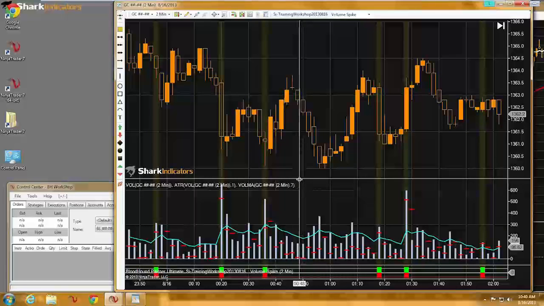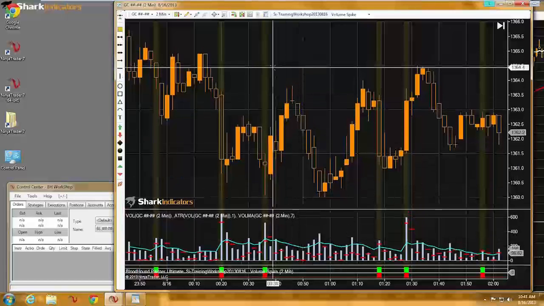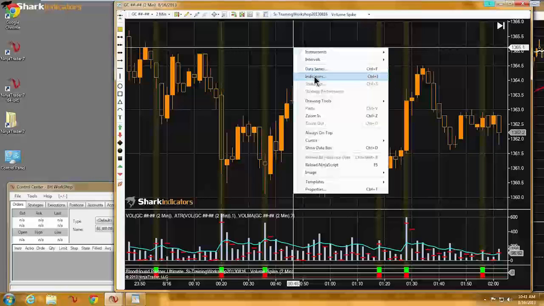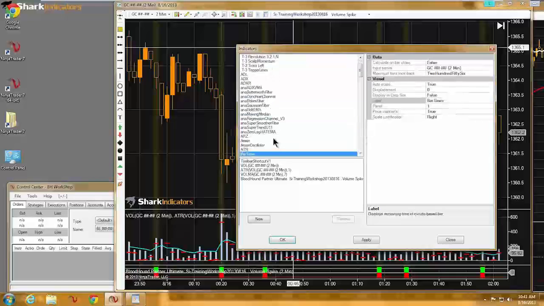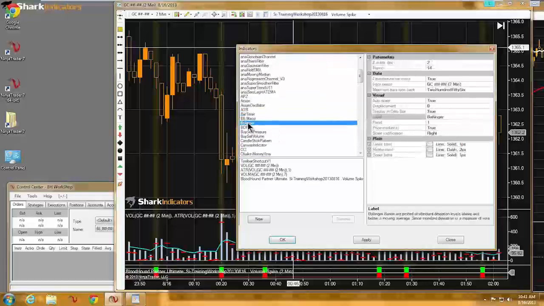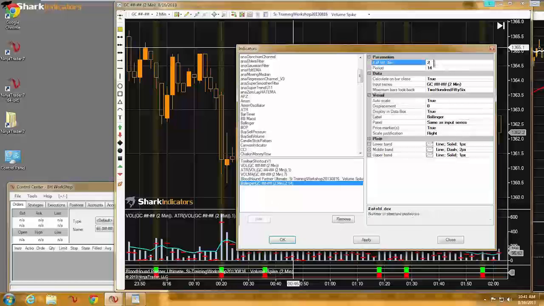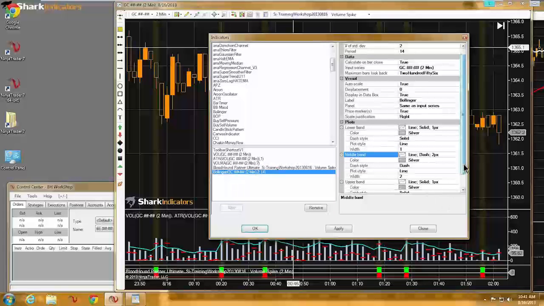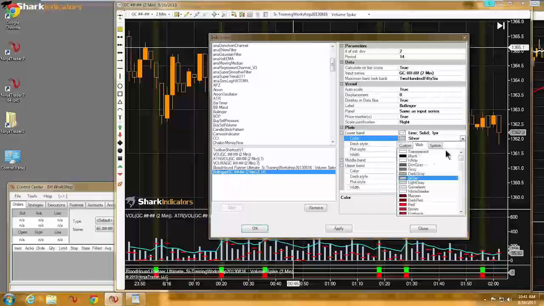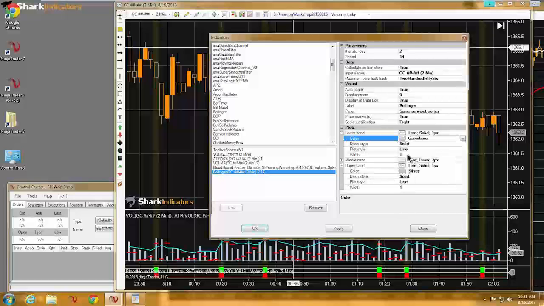So all right, Tom, I'll show you one way you can do this. It's not perfect, and I'll explain why as I start building the system. So let me put the indicator up on here. And I'll just use the default settings. All right, I want to make the bands a little easier to see.